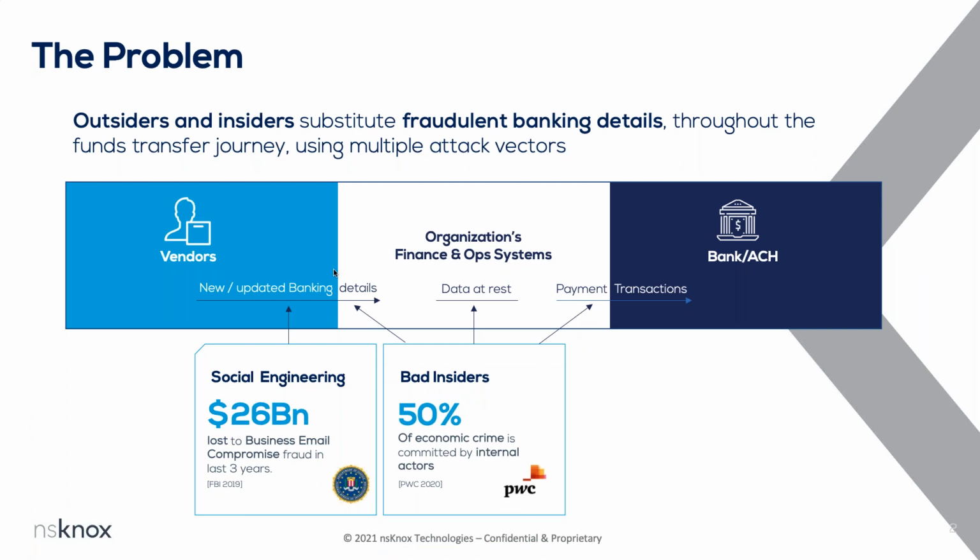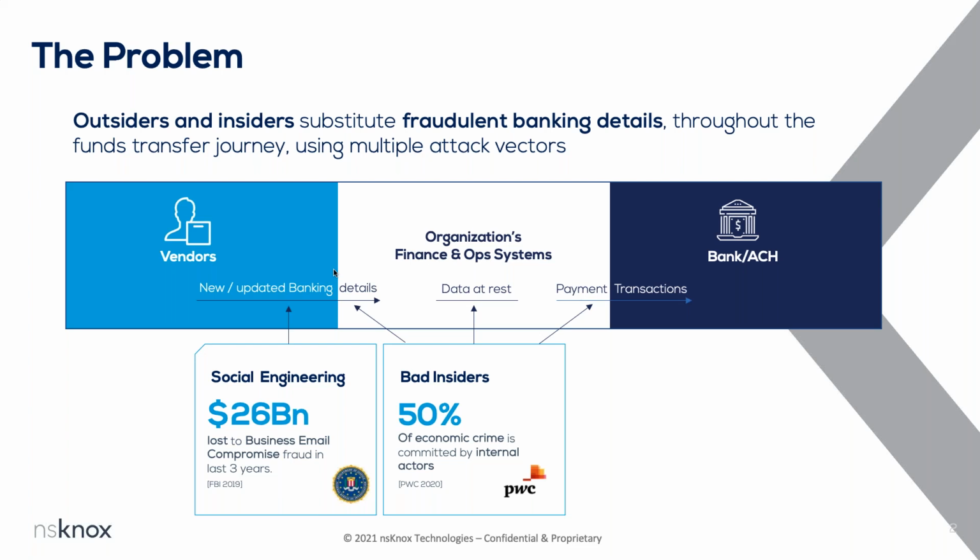Well, we discussed the bad insider problem deeply. Debra did. PwC concurs, indicating around half of the economic crimes are actually committed by internal actors. And that's pretty mind-boggling, because internal actors, they know the processes the best, they know the controls and how to bypass them and how to cover their tracks. And they can actually impact banking details throughout the journey.